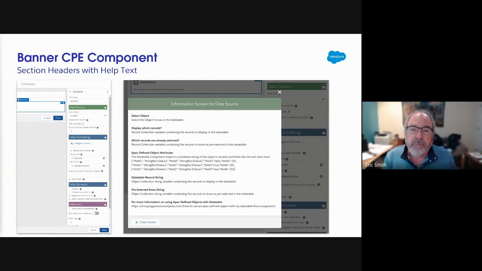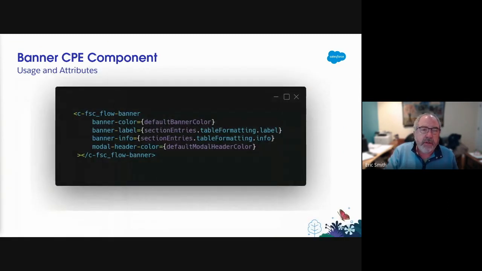And one of the additional things that I put into this particular component, you see that each of these has the little help icon, so that if somebody wants more information, they can click on that banner and it'll bring up a modal screen over in the flow builder for somebody configuring this component to give all of the help information for that section that banner is designed to work with.